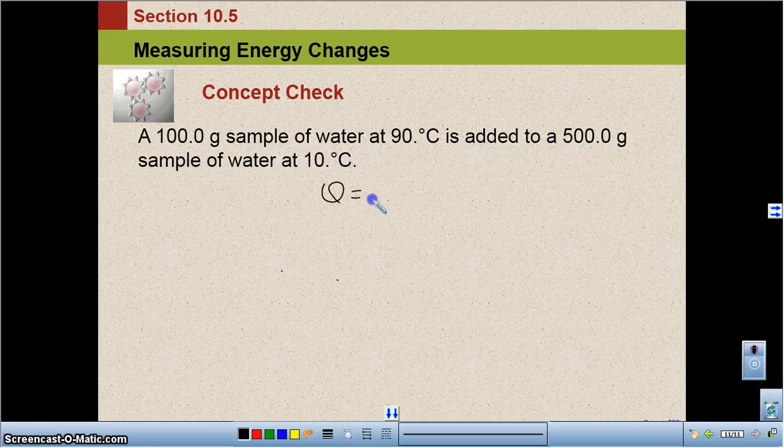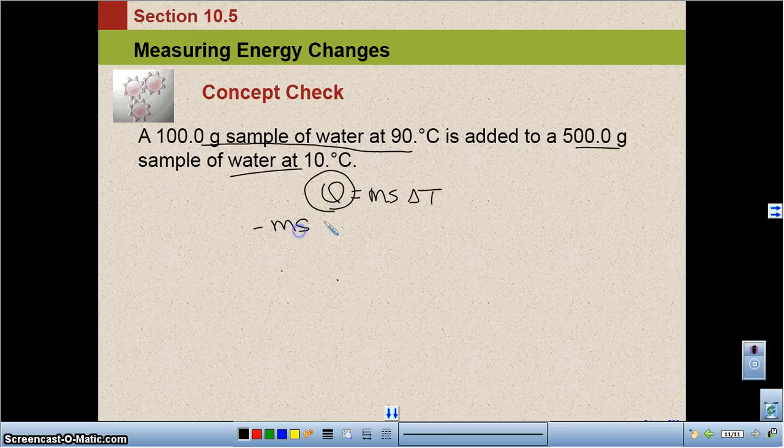We're going to use Q equals m s delta T, but what we're going to do is look at this as a combined system that has the same Q value. So whatever energy is transferred from this example of water here to this example of water here is going to be the same amount of energy. And because of that, we can set this up a little differently than what we're used to.